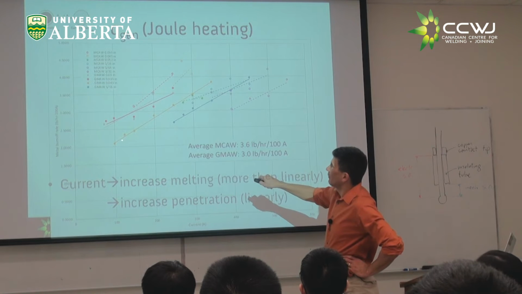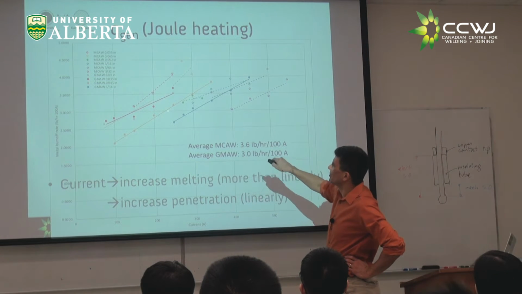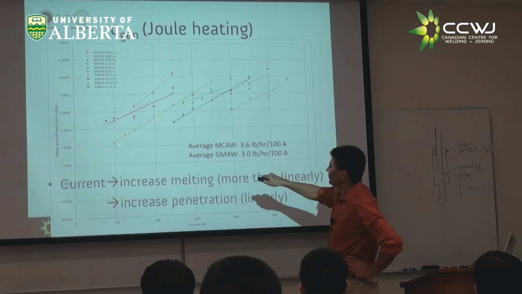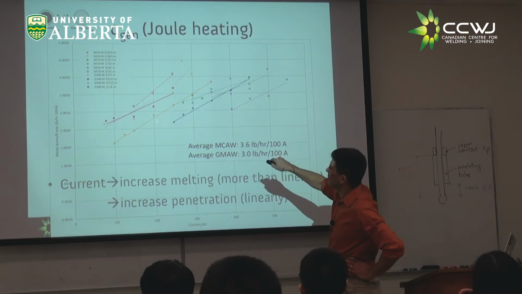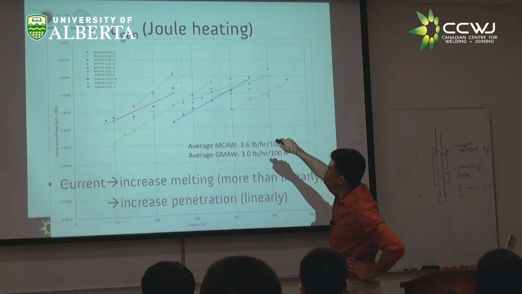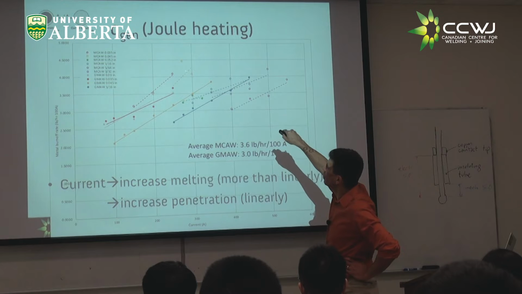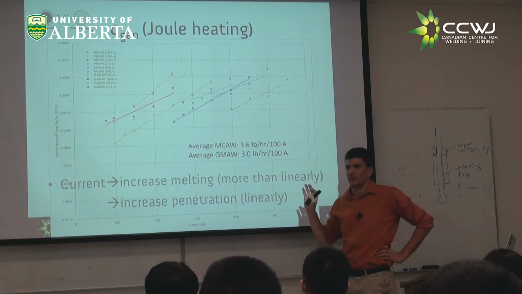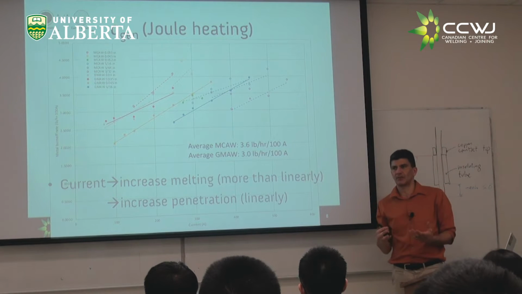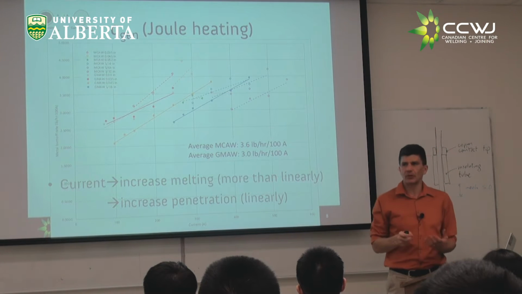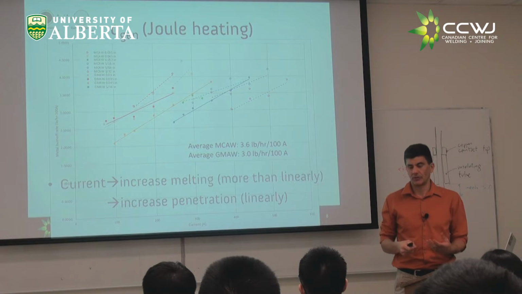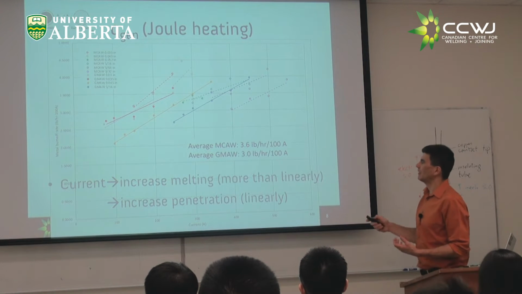So for 045 wire, we oscillate around 3, right? But if we use metal core, then we increase by 20%, right? For the same amounts of amps, we can put 20% more metal. That's one of the arguments with which people sell you metal core wires, the higher productivity. There are other advantages too, right?